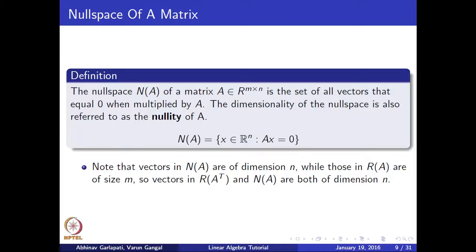This means that vectors in R(A transpose), so note that A transpose is n cross m, will be of dimension n, similar to the vectors in the null space of A. So this means that the vectors in the range of A transpose and the null space of A would both be of dimension n cross 1.